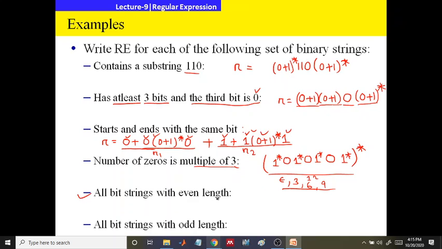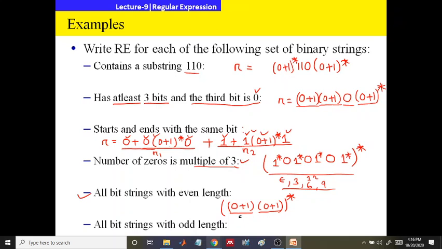All bit strings with even length. Even length means what? (0+1)(0+1), this is 1 bit, this is 1 bit. So 2 bits star means it is a multiple of 2. Similar to here, multiple of 3 zeros, here it is a multiple of 2.